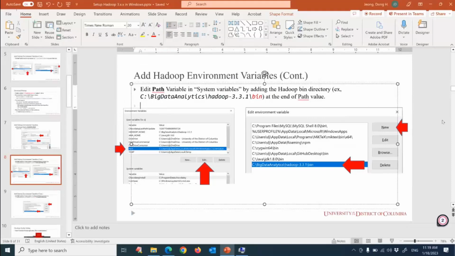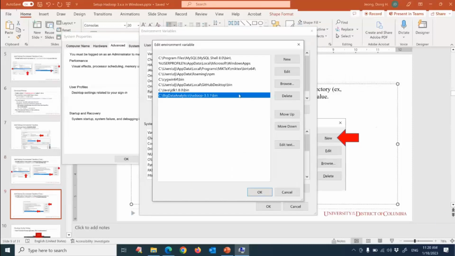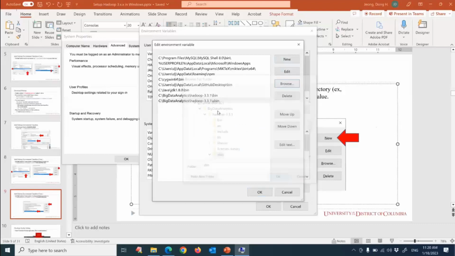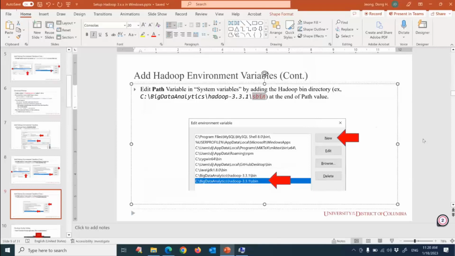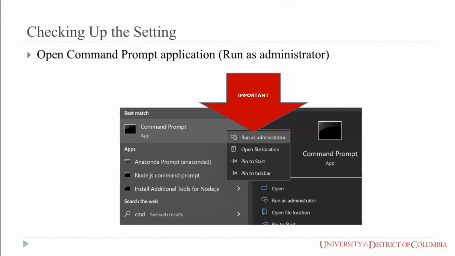For Hadoop, you also need to add the bin directory as well. So there are two bin directories you need to add into the path. So here is the bin, and the other one is going to be the Hadoop bin, this one, right? Now, once you finish adding these bin directories, you can click OK. Click OK as well. So now you have finished, right? Once you do that, then you're pretty much done.